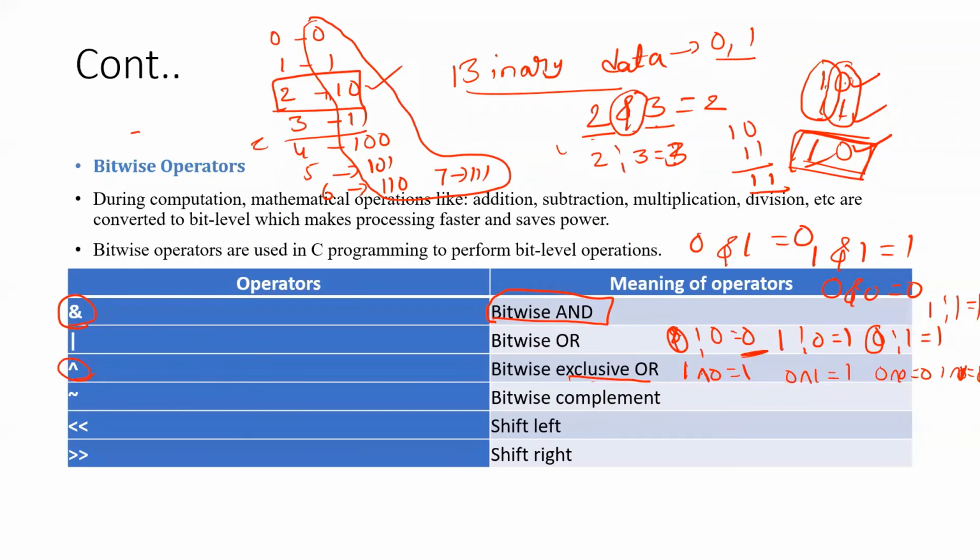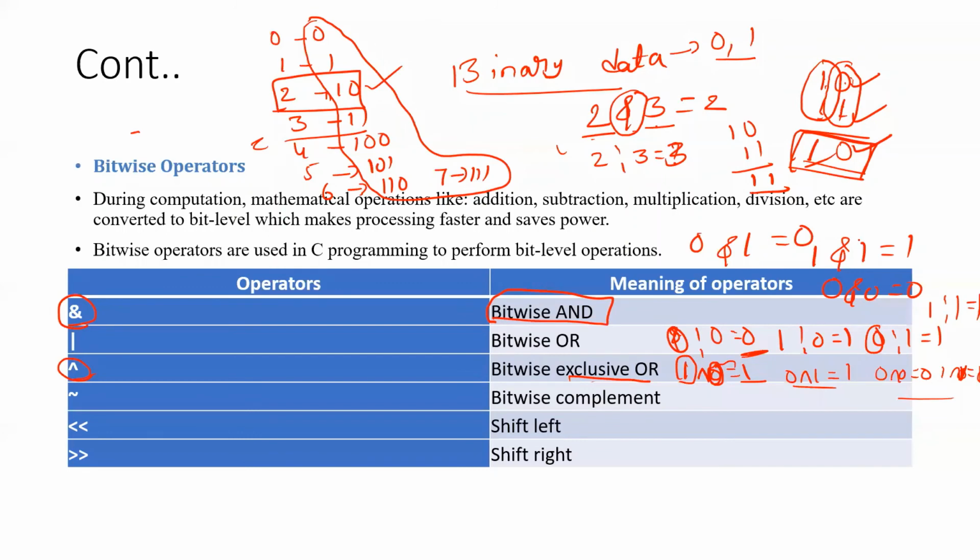If both bits are opposite, in that situation it will be 1. In all remaining cases, it will be 0.